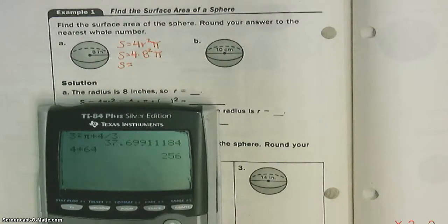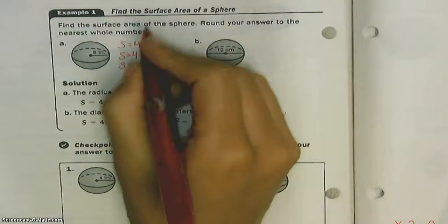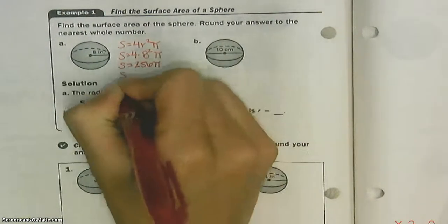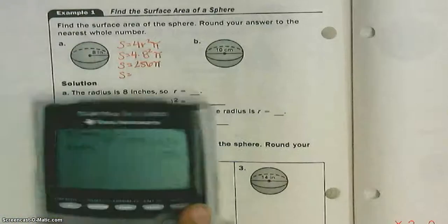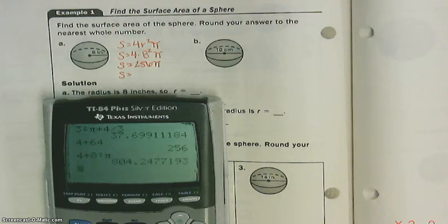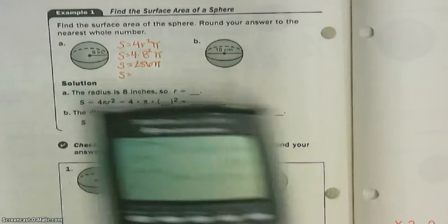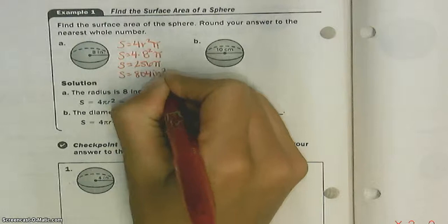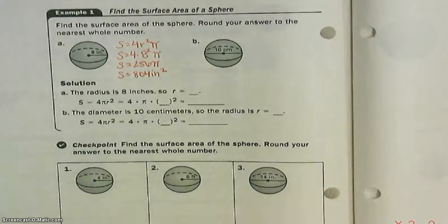So that would be 256 pi inches squared. Or you put the whole thing in your calculator, right? You can say 4 times 8 squared times pi. Get 804, rounded to the nearest whole number. 804 inches squared, because it's the surface area.